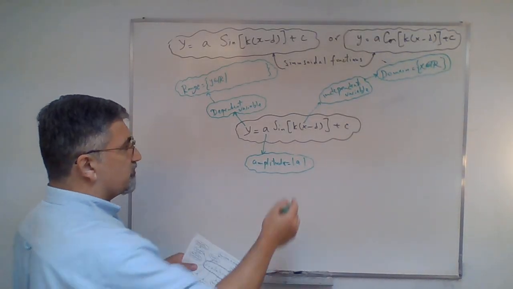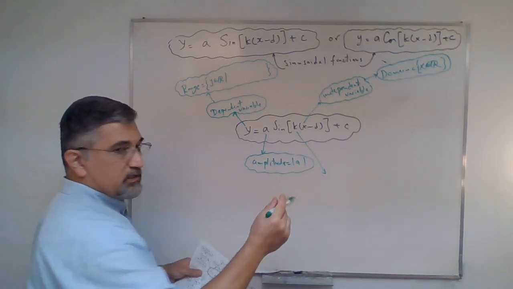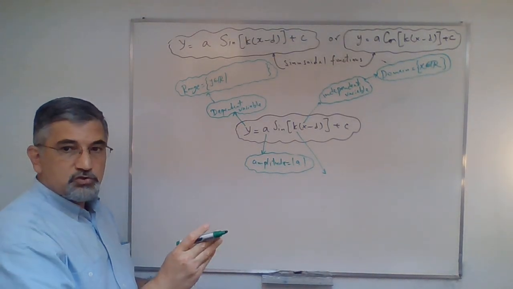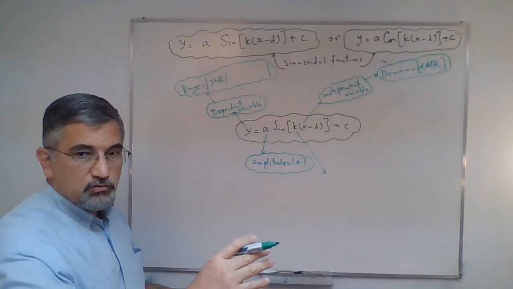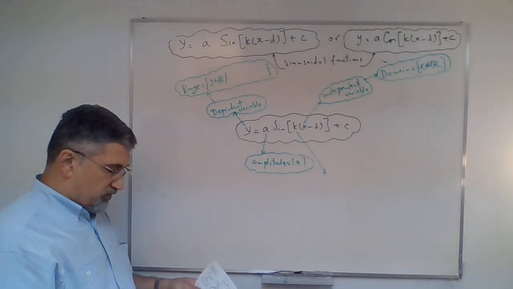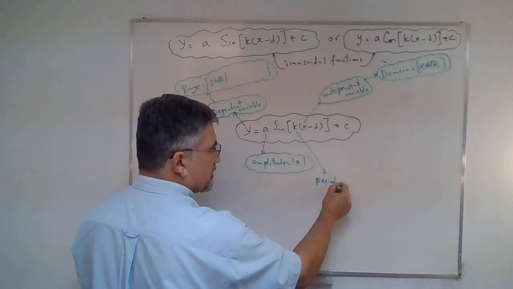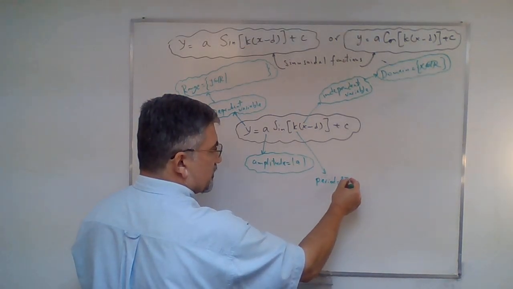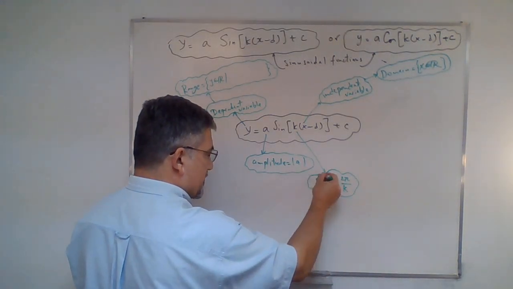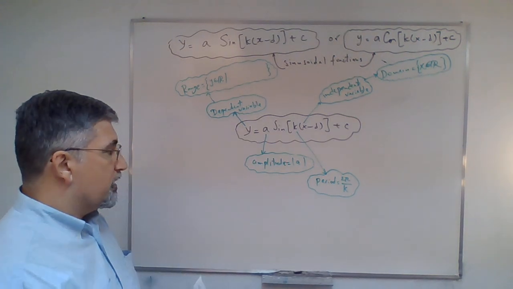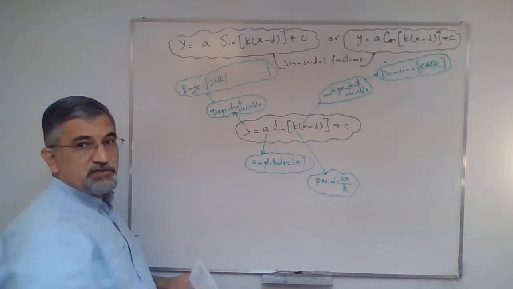Then the role of K, we know that K generates a horizontal shrink or horizontal stretch. That's the role of K in terms of transformation. And it gives us the formula for the period, which is 2 pi over K. And K is that number that is given in the equation.